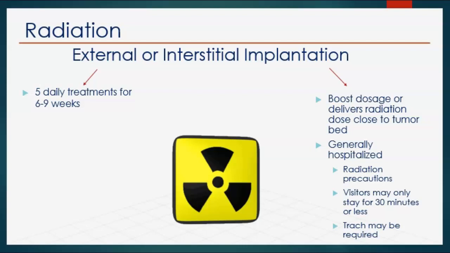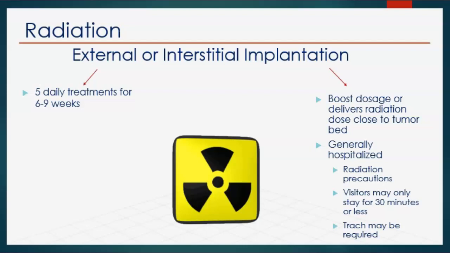So to either boost the dose or deliver a radiation dose close to the tumor bed. So they implant this, and it can be curative in the early stages, in lesions on the floor of the mouth or on the anterior of the tongue. So this adds a boost of radiation to external radiation.